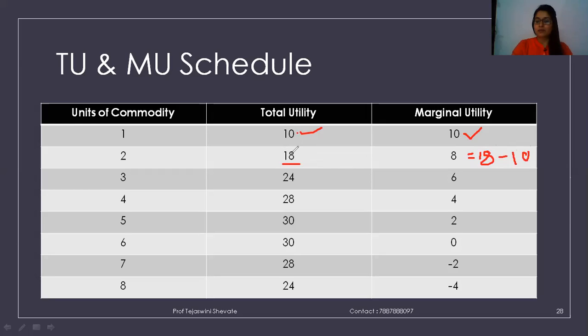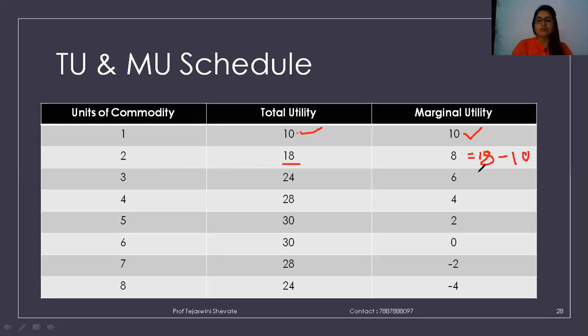After consuming two mangoes the total utility is 18, and the total utility for one mango is 10, and hence I get the marginal utility of the second mango, that is 8. If I now consume a third mango, the total utility is 24.